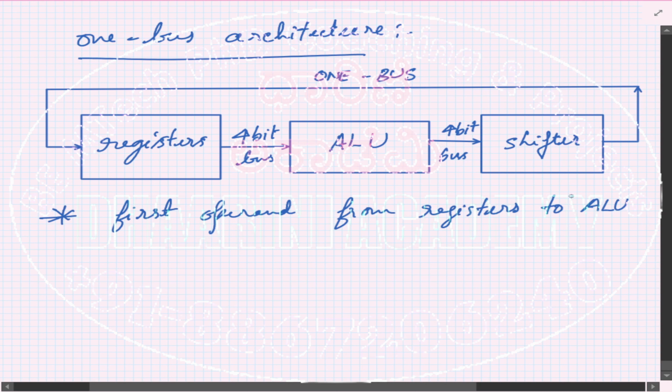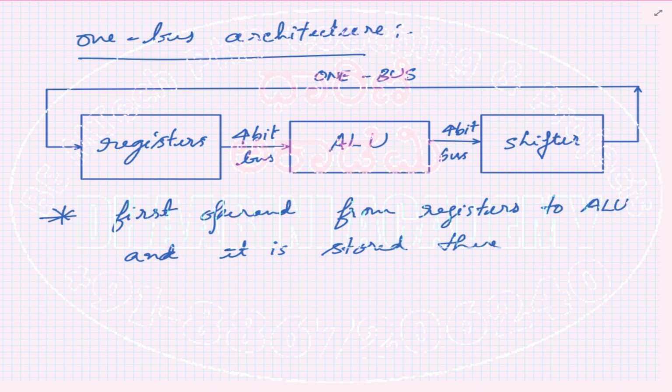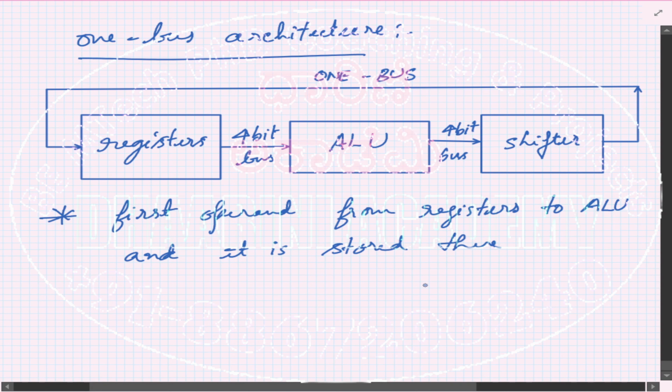It will be moved from here and stored there. So the first operand will be read from the registers and stored in the ALU.